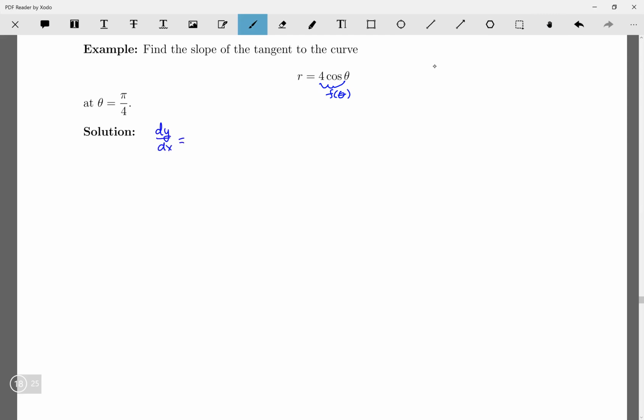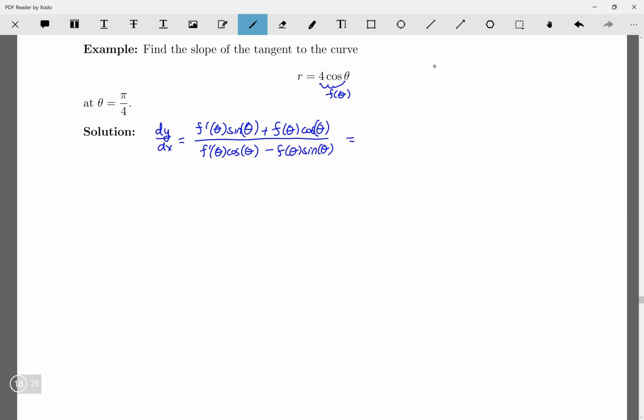From the formula, we know that it's f prime of theta sine theta plus f of theta cos theta, divided by f prime of theta cosine theta minus f of theta sine theta.